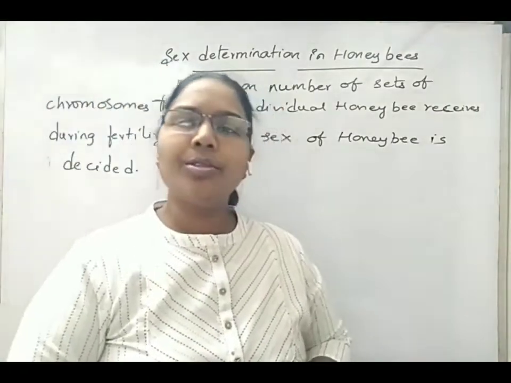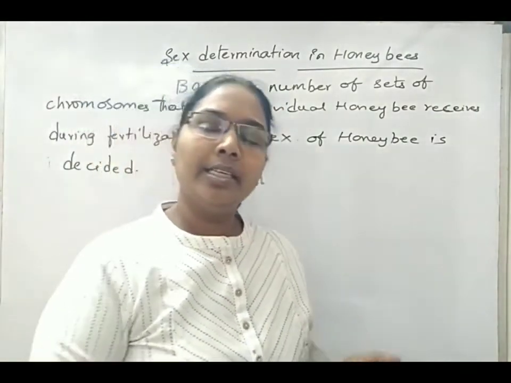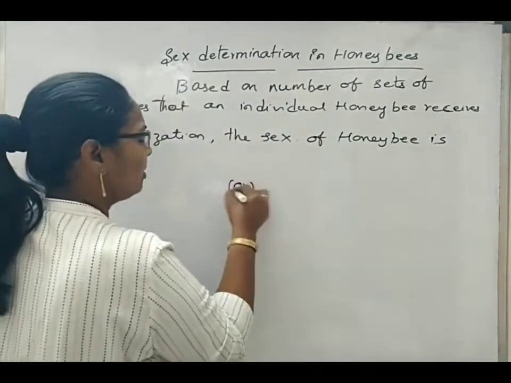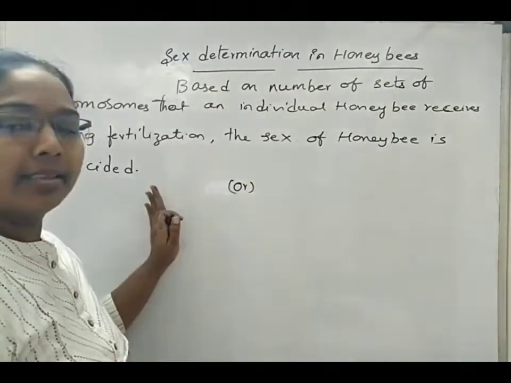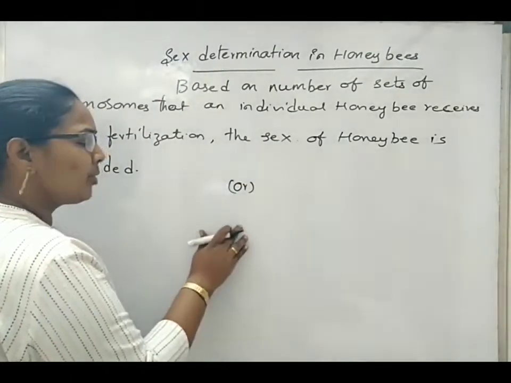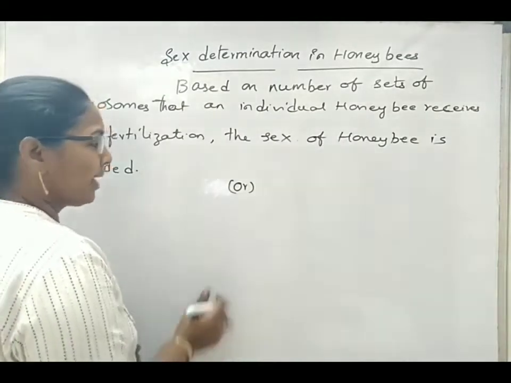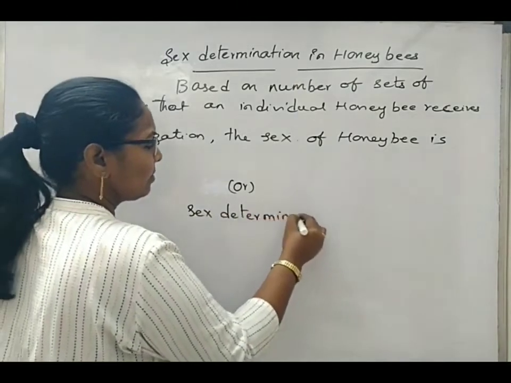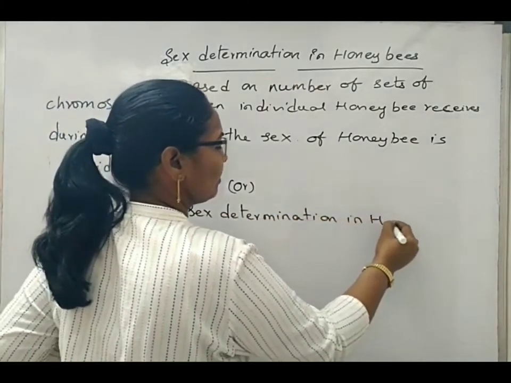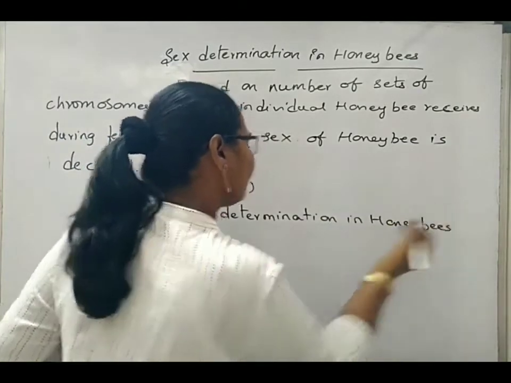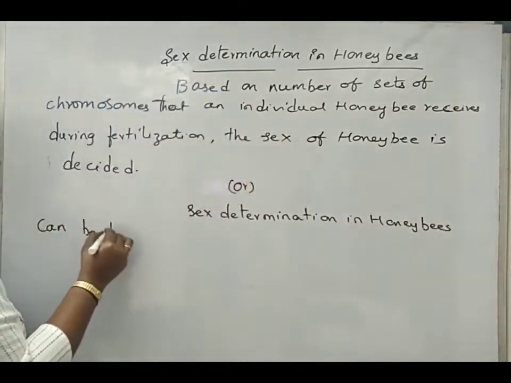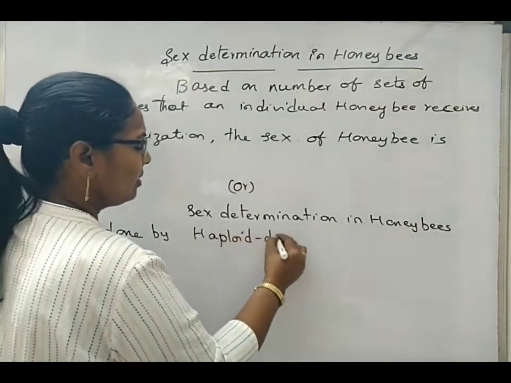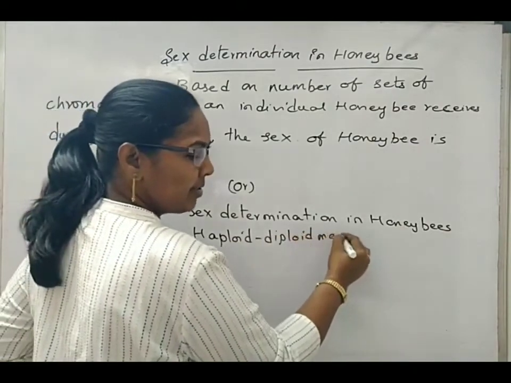We can also say such type of sex determination in another form, that is the haploid diploid mechanism. Sex determination in honeybees can be done by the haploid diploid mechanism.